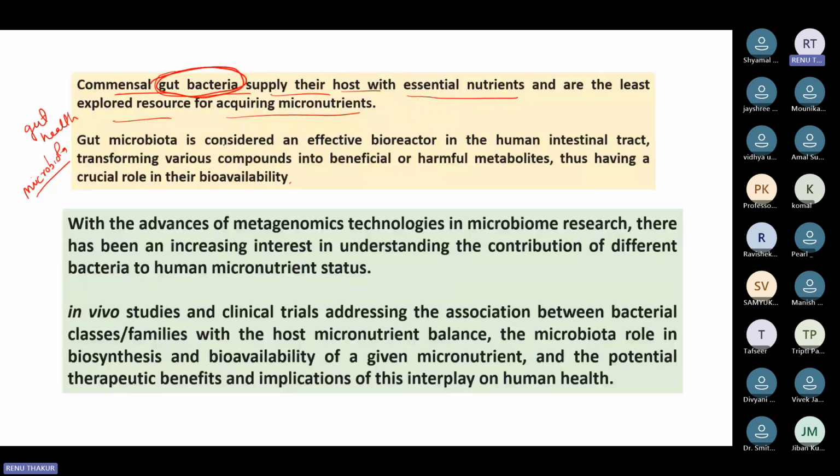So gut microbiota is considered an effective bioreactor in the human intestinal tract, transforming various compounds into beneficial or harmful metabolites, thus having a crucial role in their bioavailability. Now, we are considering gut microbiota as an effective bioreactor.